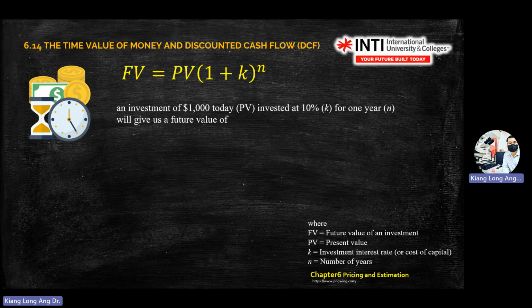If you press calculator, what is the future value? If you substitute 1,000 here, K is 10%, N is 1. So how many? What does your calculator tell you?